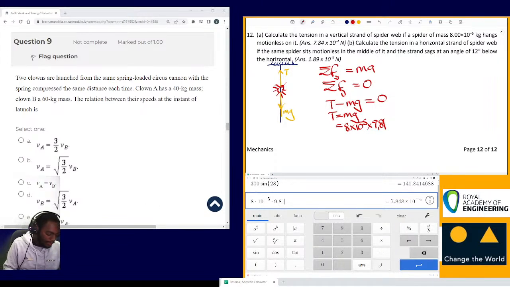So we get 7.85 times 10 to the negative 4 newtons. So this becomes our answer. Our tension is equal to 7.85 times 10 to the negative 4 newtons.